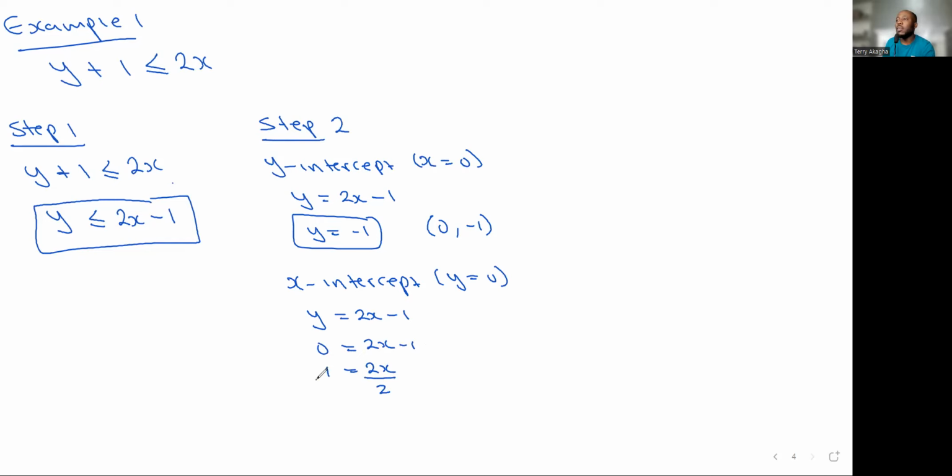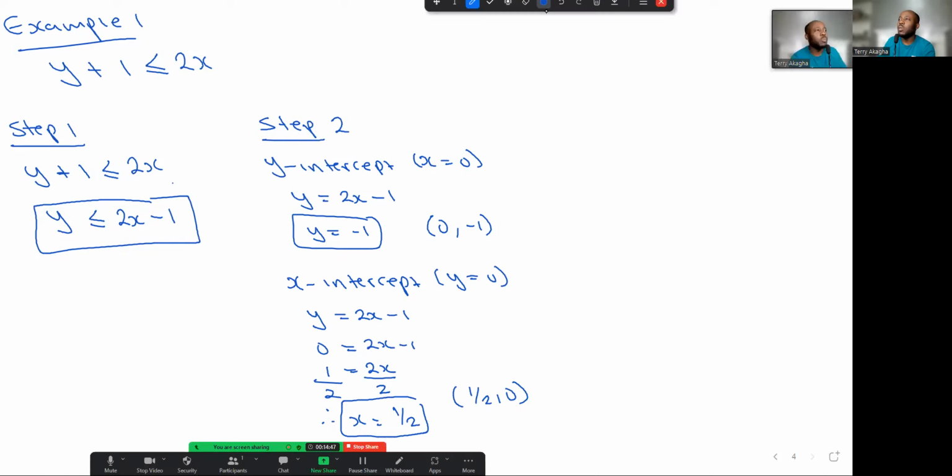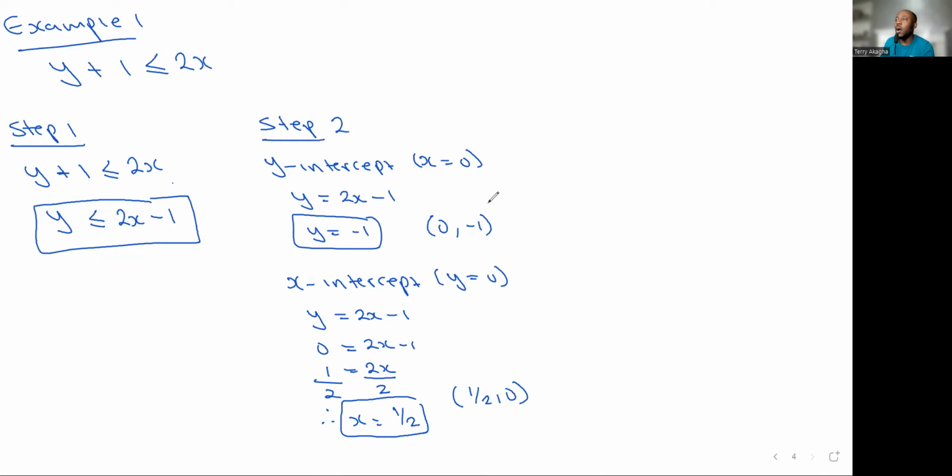Divide both sides by 2. Therefore, x will be equal to 1 over 2. So we can write this as 1 over 2 and 0. So we found the y-intercept, and the x-intercept.